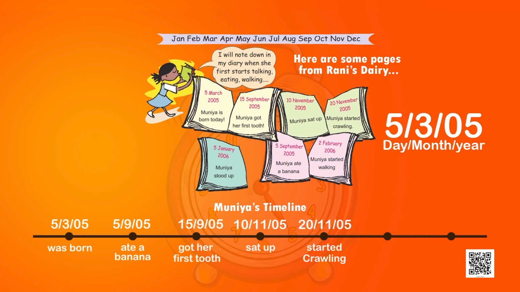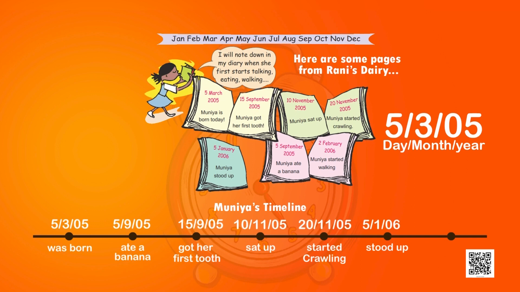On 20th November 2005, she started crawling. That is 20/11/05. Good. You have already entered started crawling. What is the next entry? Yes, it is 5th January 2006.